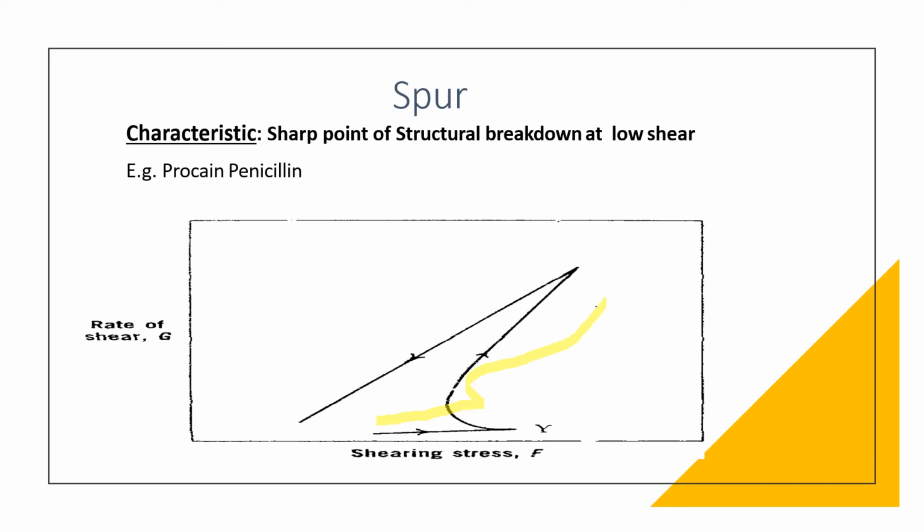So it is actually difficult to produce the spur unless the sample of the gel is allowed to remain in an undisturbed condition in the cup and bob assembly, which is utilized as a viscometer for the rheological run. And such a spur system is characterized by determining the spur value.